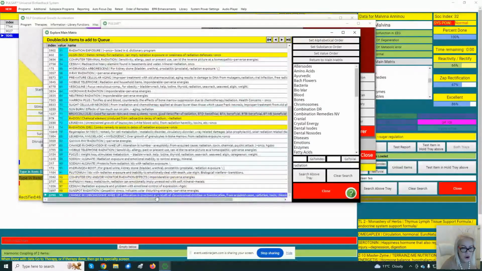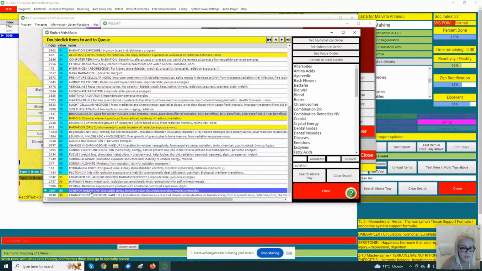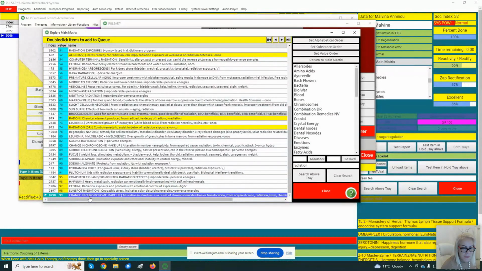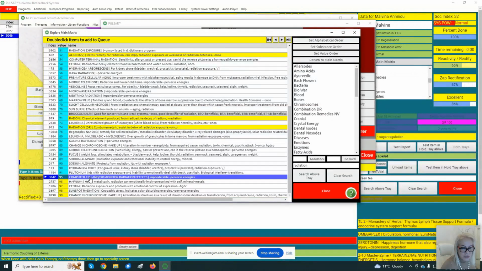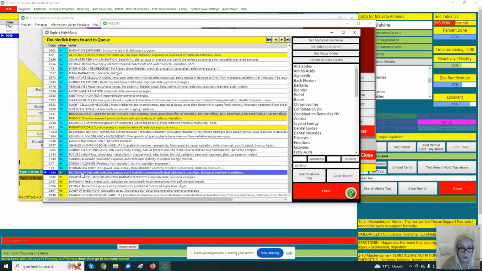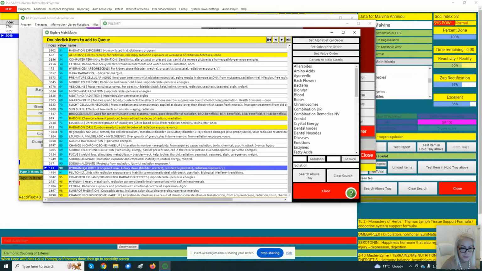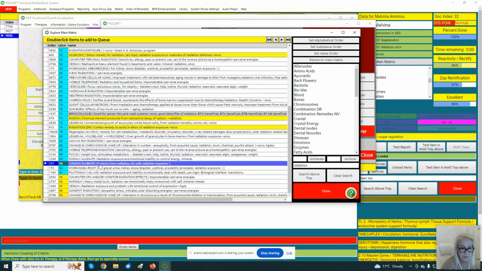Okay, so there are some items in the matrix coming up under radiation: computer and monitor radiation effect, over 90s, plutonium. Okay. It's giving me some remedies for radiation exposure. So there are some issues here.